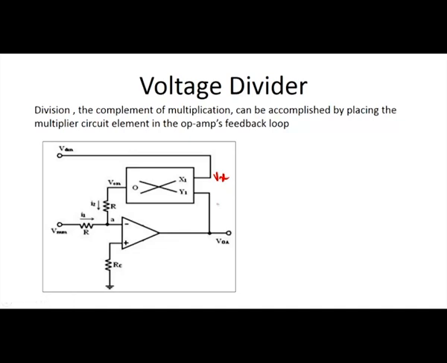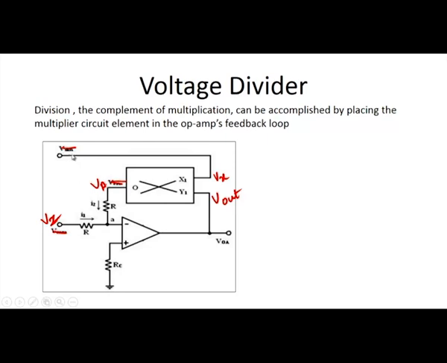It is not actually clear, so I have taken this voltage as Vx, this voltage as V out, this voltage as Vz, and consider this voltage as Va.